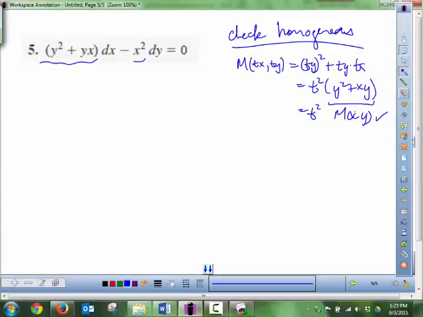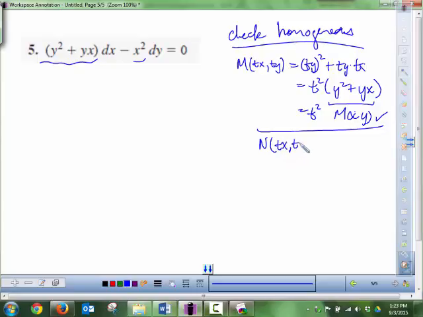Should I put a yx here? So I know m is homogeneous. Let's check n. And this time we're going to put tx in for x and ty in for y. Well, this is negative x squared, and there's no y, so I'll put a tx in for x.